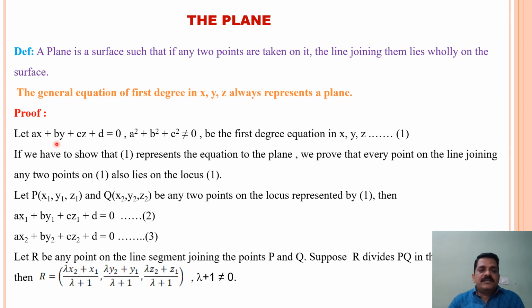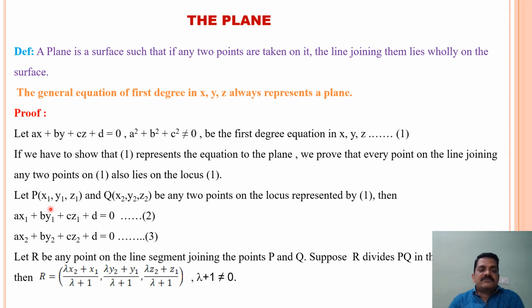Let ax plus by plus cz plus d is equal to 0 and a square plus b square plus c square not equal to 0 be the first degree equation in XYZ. Now we have to show that equation 1 represents the equation to the plane, we prove that every point on the line joining any 2 points on equation 1 also lies on the locus of equation 1.